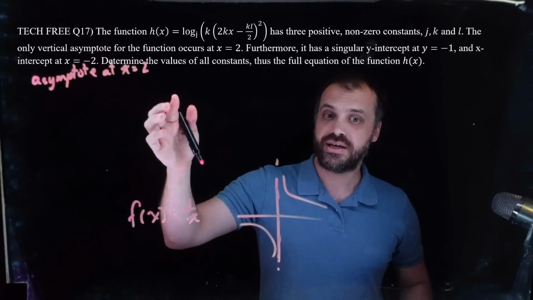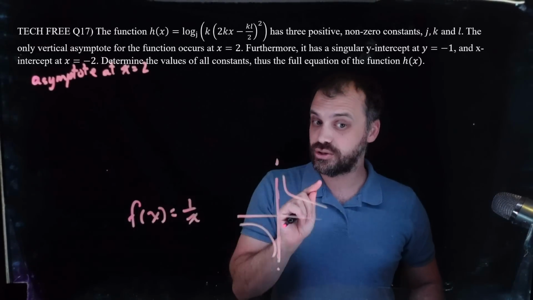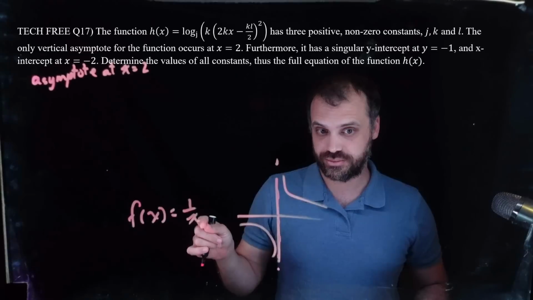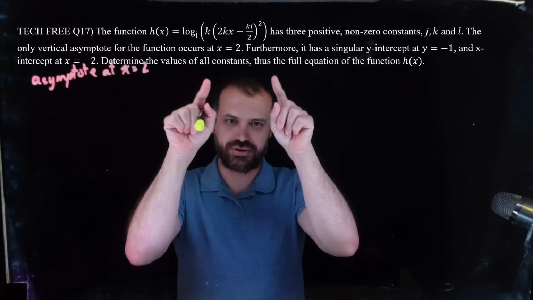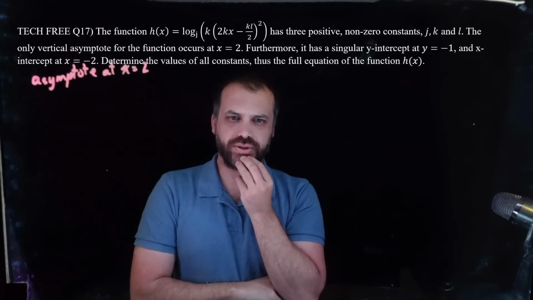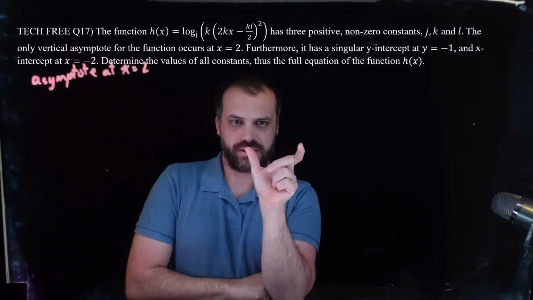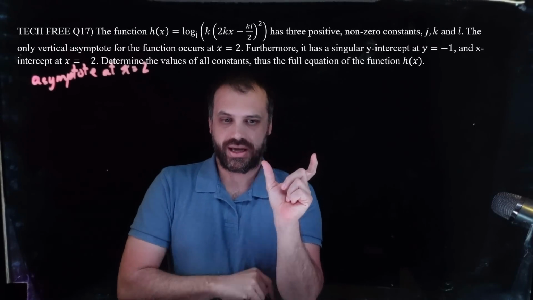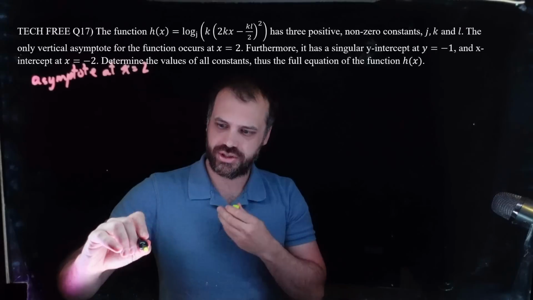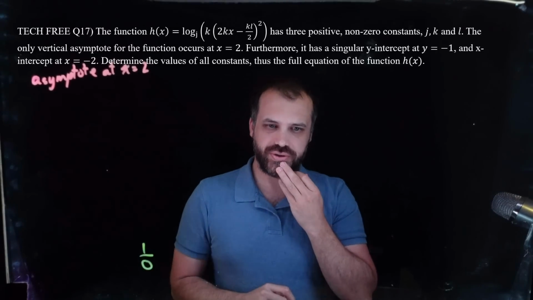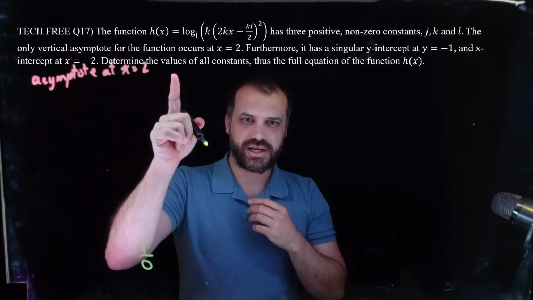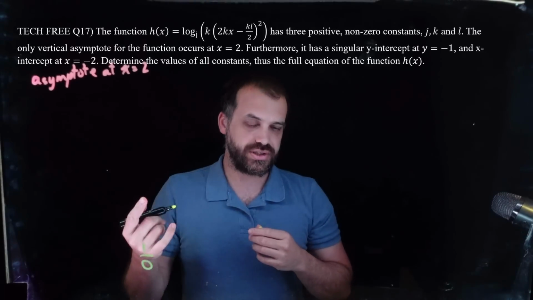And in this function, x is not allowed to be equal to 2. So what constraint do we have here? Well, we've got log something, something, right? And there's a rule with logs. Just like you can't divide by 0, you also can't take the log of 0.